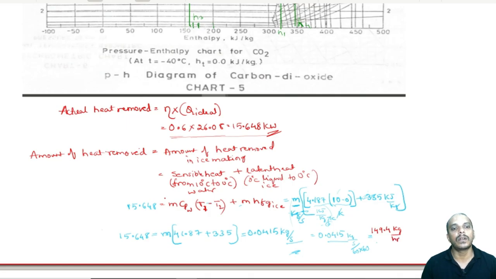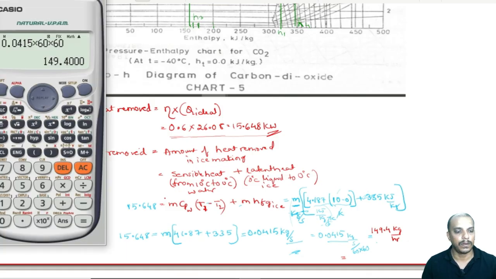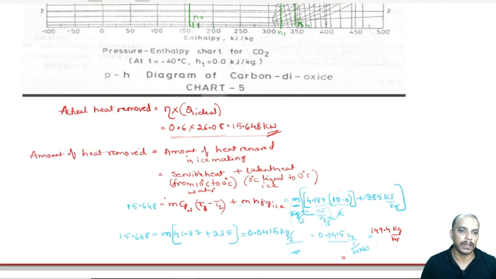Now if you want to write it in terms of per day, this has to be multiplied by 24. So 149.4 multiplied by 24 will be 3585.6 kg per day.